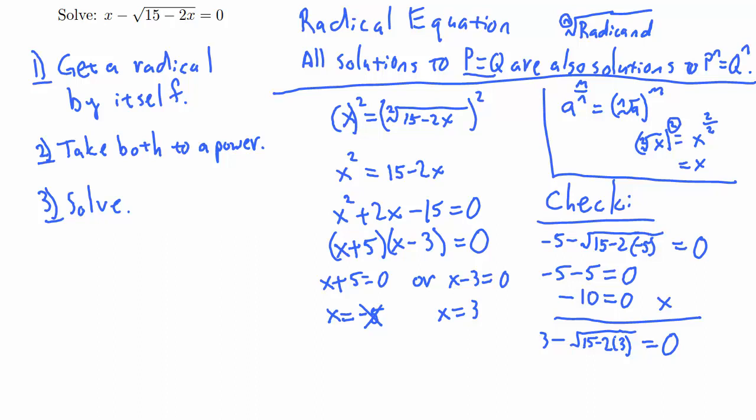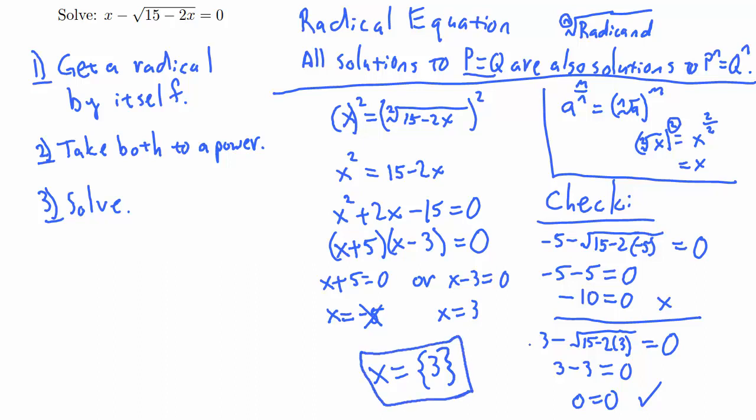And the square root of 9 is 3. So that's going to give me 3 minus 3 equals 0. Does 3 minus 3 equal 0? Yes. So 0 equals 0. Fantastic. That's an identity. Therefore, 3 is in fact the solution. So our solution to this original radical equation is x equals 3.